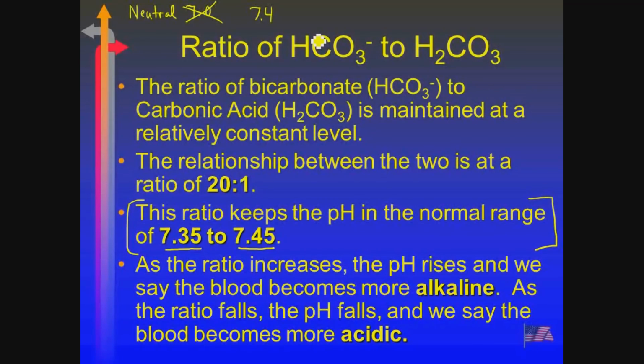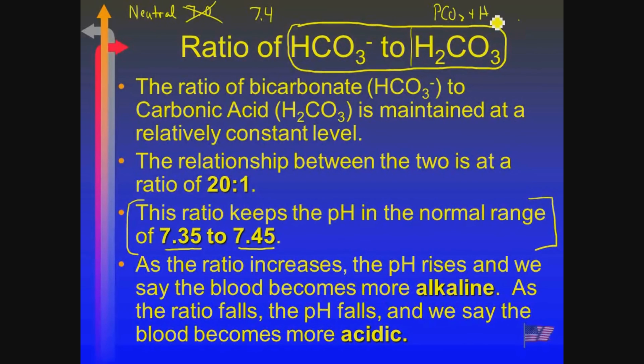There is a relationship that exists between these two things. If you remember, this substance here is created by taking the CO2 and water to form this. It then dissociates into the bicarbonate ions and hydrogen ions.